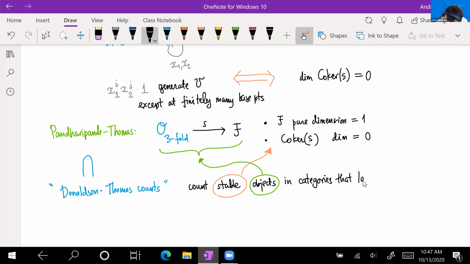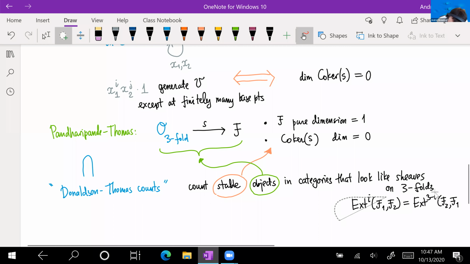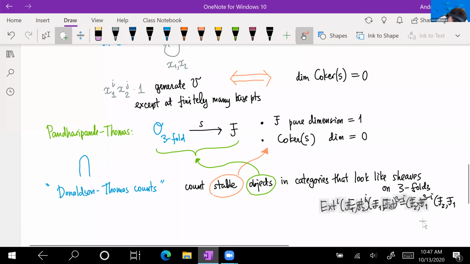These look like sheaves on threefolds. And what do they mean? It means that for threefolds we have the Ext^i between two sheaves, maybe F1 and F2, that is dual to Ext^(3-i) of F2 and F1, tensored with the canonical bundle.